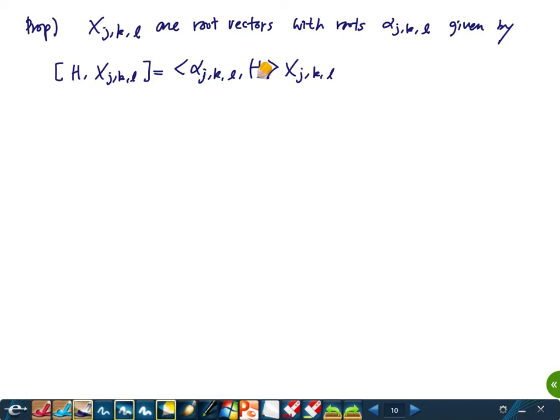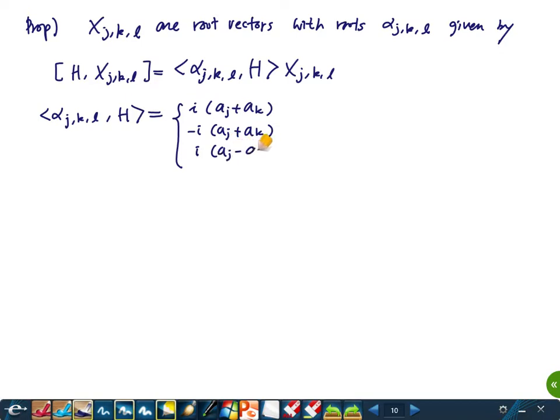Of course we have to specify what this quantity is. alpha_{j,k,l}(h) has to be a number. So we have 4 cases: i(a_j plus a_k), minus i(a_j plus a_k), i(a_j minus a_k), minus i(a_j minus a_k), depending on the value, if l equals 1, if l equals 2, and so on.